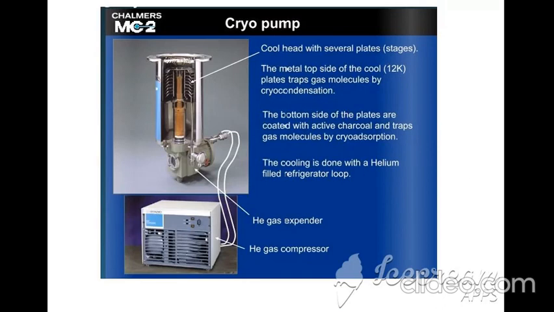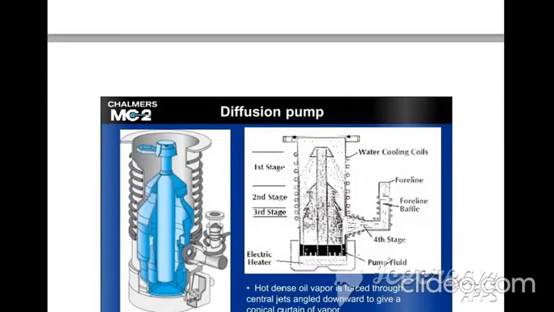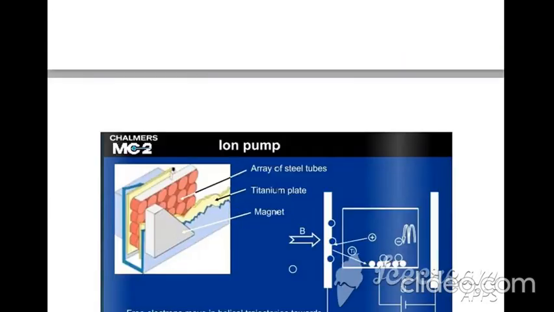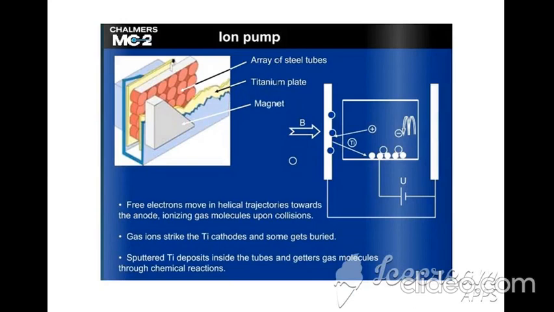Next is a diffusion pump. It also creates a vacuum, a high level vacuum. The next one is the ion pump, and that pump also creates vacuum.